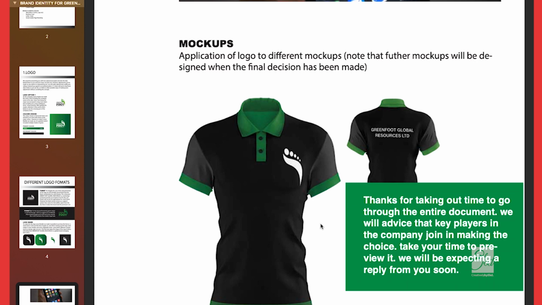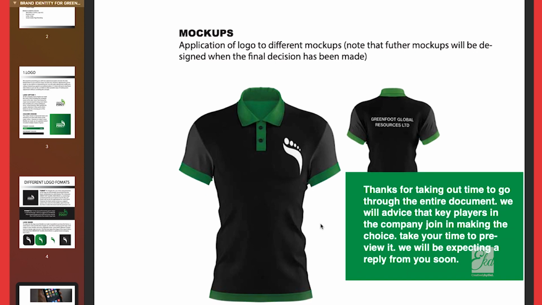So at the end you want to tell them thank you, because going through everything is not easy. You want to tell them thank you, and you want to give a conclusion. Most times you tell them that if they have any correction to make or anything they are not okay with, they can just tell us, and we'll adjust for them. Or if they're not okay with the colors or anything, you can adjust.